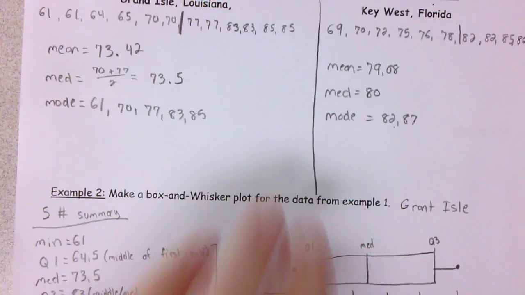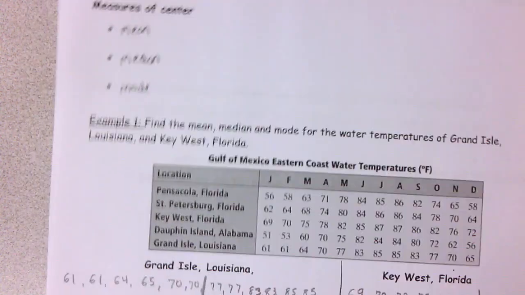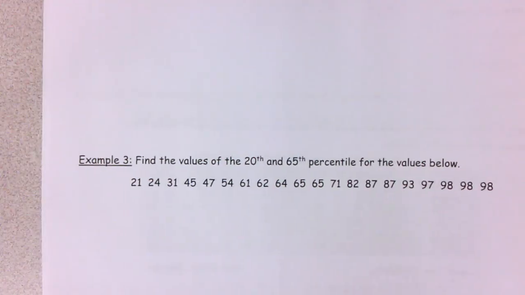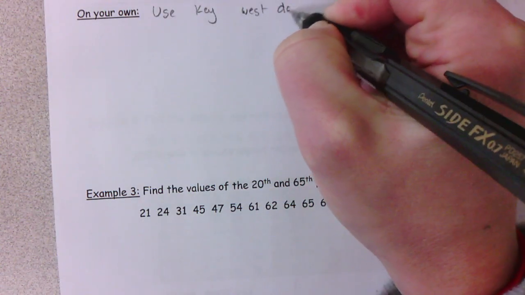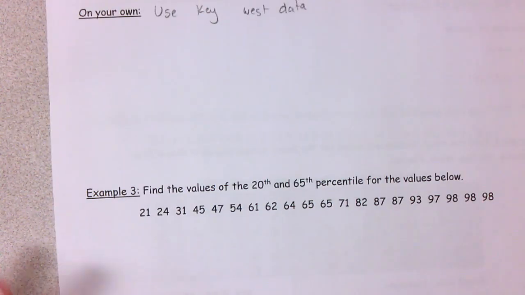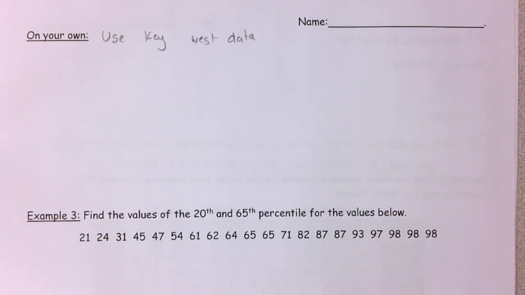Okay, so what I'd like you to do next is do the same thing, box and whisker plot, but now I want you to use Key West. Okay, so you should be using the same scale we used for the previous example.